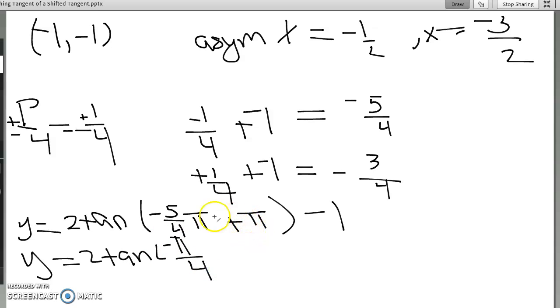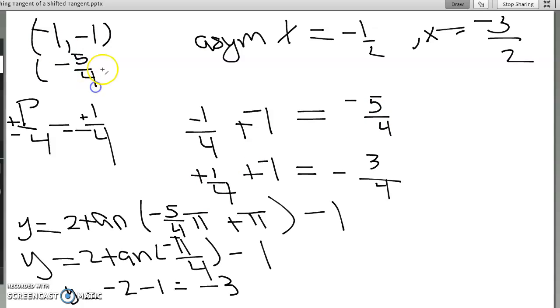So this becomes 4 over 4 minus 5 over 4, that gives me a negative 1, so negative pi over 4, minus 1. And then tangent of negative pi over 4 is negative 1, so negative 1 times 2 is negative 2. So I get y is equal to negative 2 minus 1, which is equal to negative 3. So another point that I can use to graph would be at negative 5 over 4, comma, negative 3.